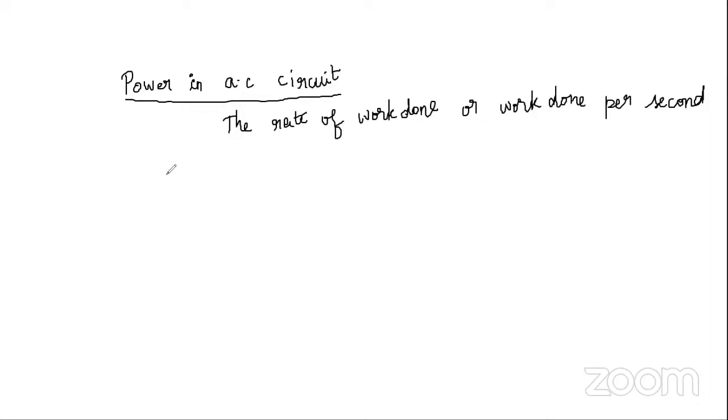In an electrical circuit, in AC circuit, that is called power. So what is the equation for power when you have potential difference and current? P equal to VI.